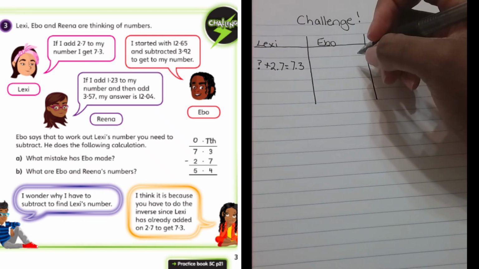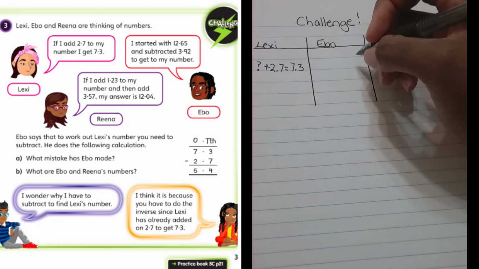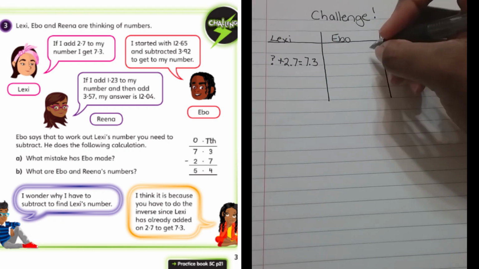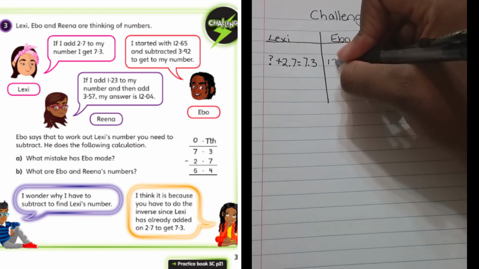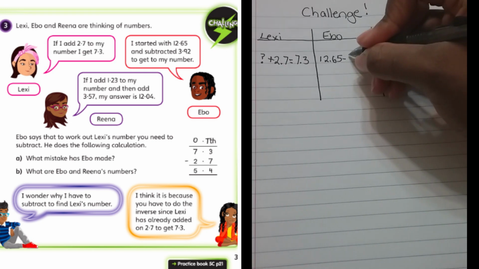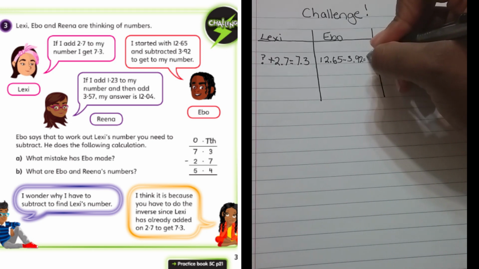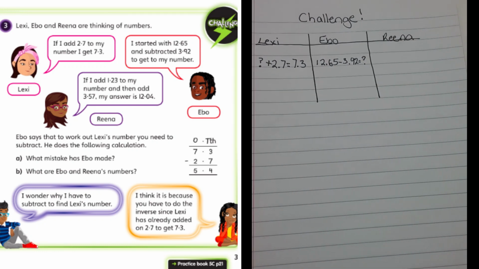Ebo said, I started with 12.65 and subtracted 3.92 to get to my number. So he started with 12.65 and he subtracted 3.92, and that gave him his mystery number.